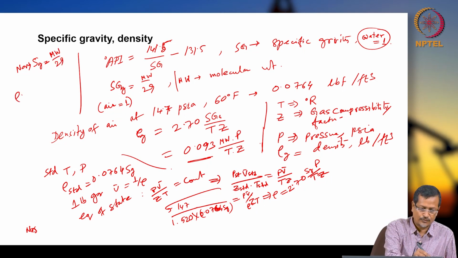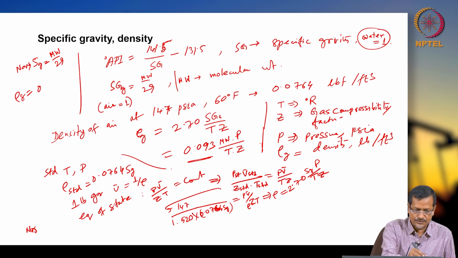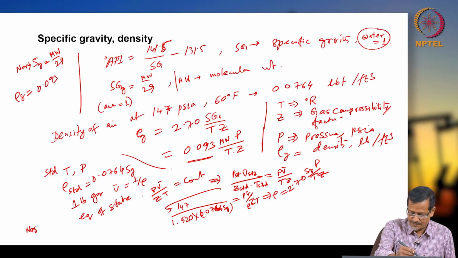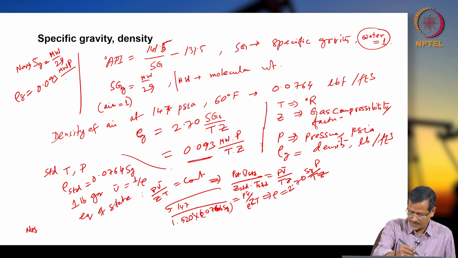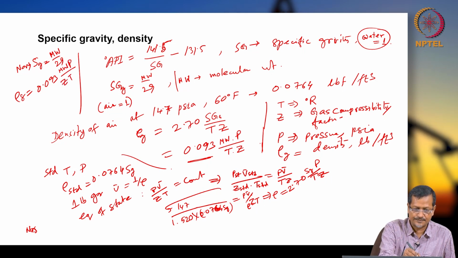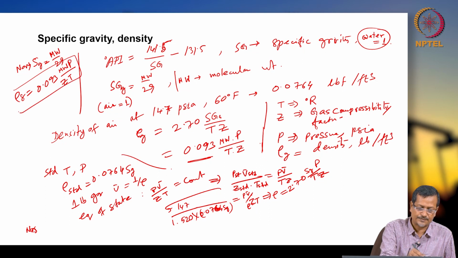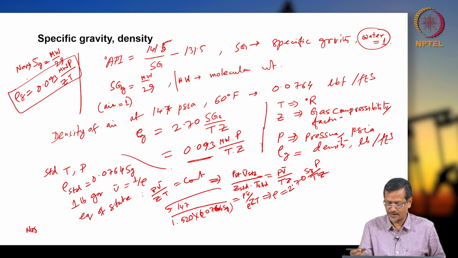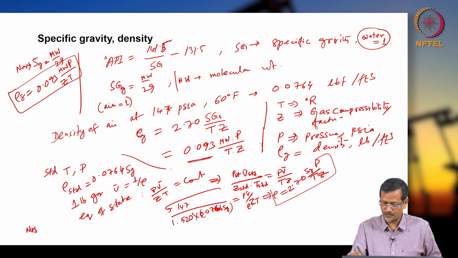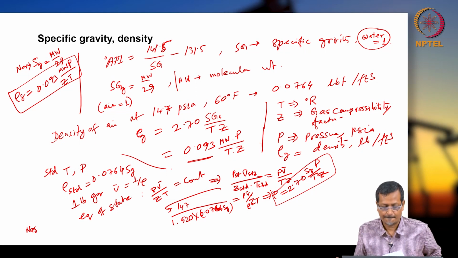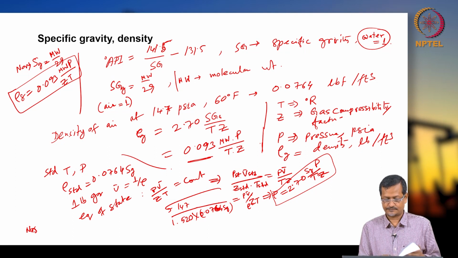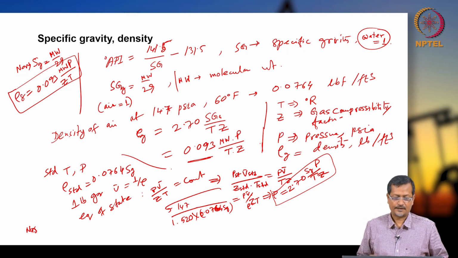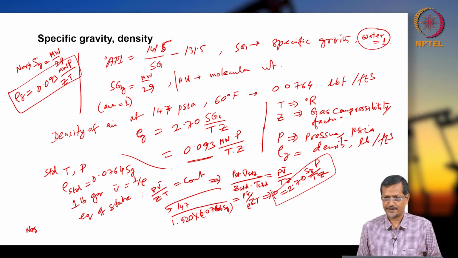So this will give rho g equals 0.093 molecular weight times pressure divided by TZ. You should remember these terms. If you remember the final term, it will be fine; otherwise, you have to derive. This derivation is taken from K. Arnold's book, so if something goes wrong, please follow the book.